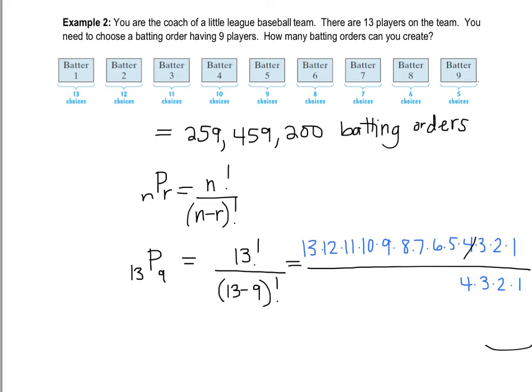So those would cancel: 4 divided by 4, 3 divided by 3, 2 divided by 2, 1 divided by 1. And notice here that 13 multiplied all the way down to 5 is the same as what we did up here. So this formula will always handle this process for us.